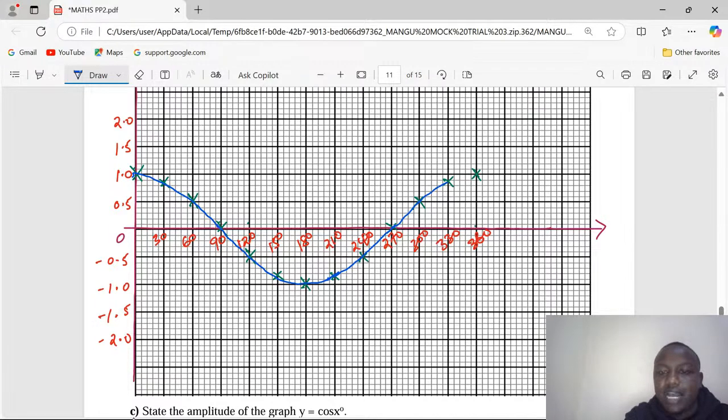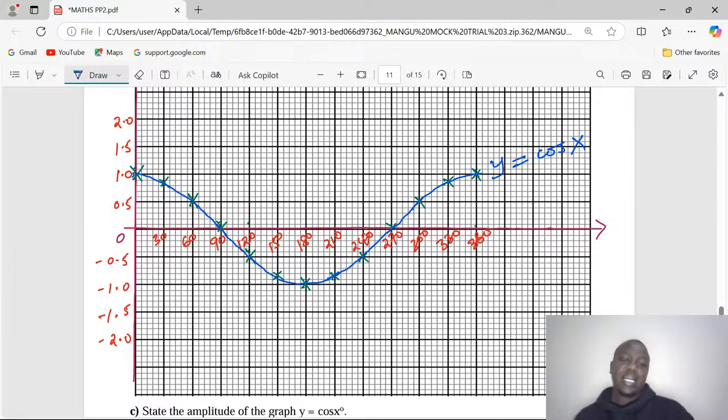So this is the first curve, which is y equals the cosine of x. Let's look at the next curve, which we are also going to plot.